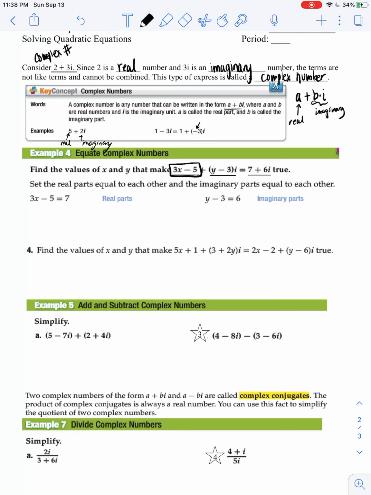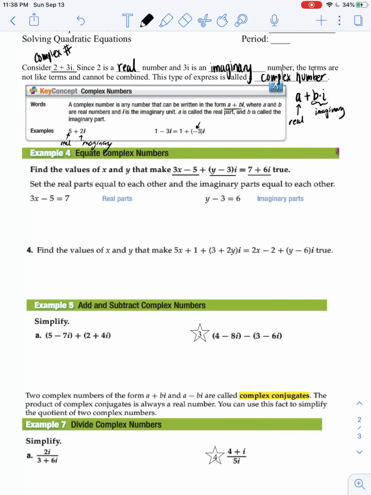So 3x minus 5 is not a like term with that quantity because one of them is being multiplied by i and the other is not. It's the same idea as if we had 3x minus 5 plus y minus 3 times a variable, let's just say z, since I already used x and y, equals 7 plus 6 times z. You cannot combine these terms with those because these are multiplied by z.